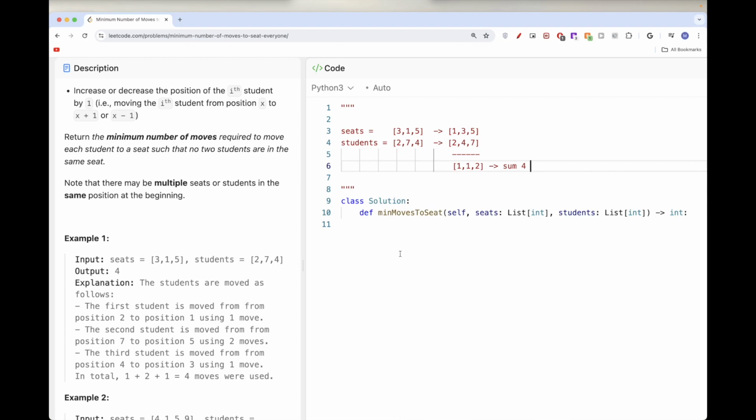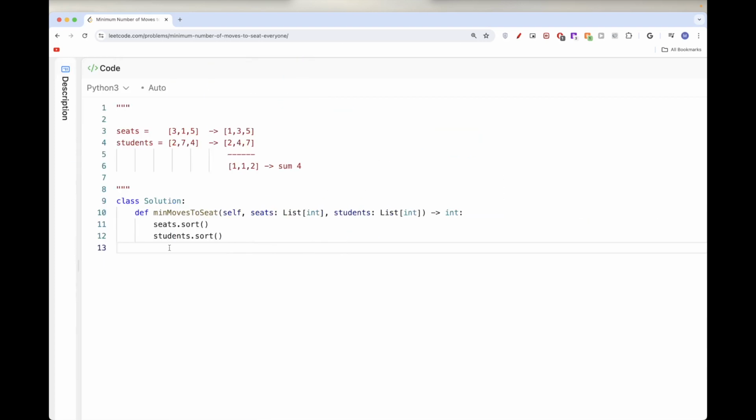the sum, right? So to do that, we need first to sort seats. We need students sorted as well. And we need to take the sum of the differences. So we just say sum. Of course, we need absolute value, because what if this was like 4 and this was maybe 5, right? So this one is bigger. In that case, we still want to get a positive value, because we can go in any direction.